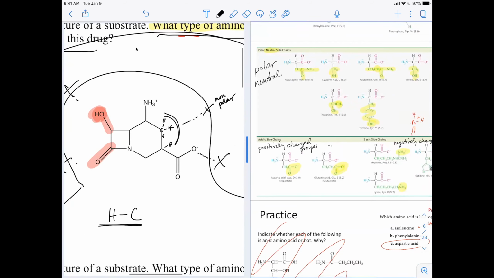Those switch. With the acidic and the basic, they interact by salt bridges. The non-polar would interact by hydrophobic interactions, and the polar would interact by hydrogen bonding?